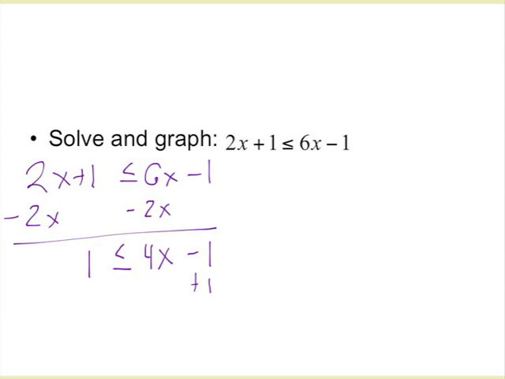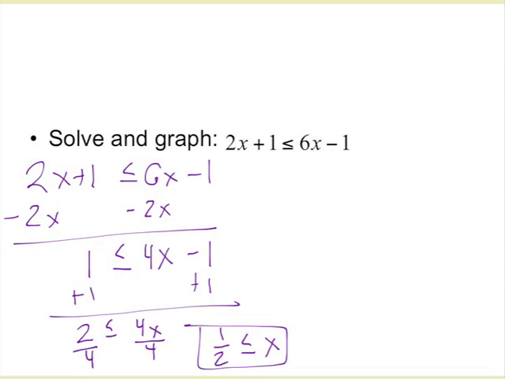Then I would add 1 to both sides. Adding and subtracting, we don't have to worry about that sign. And then I go to dividing. I'm dividing by a positive 4, so this is not a problem. And I get 1/2 less than x. So that is one way of solving this problem.